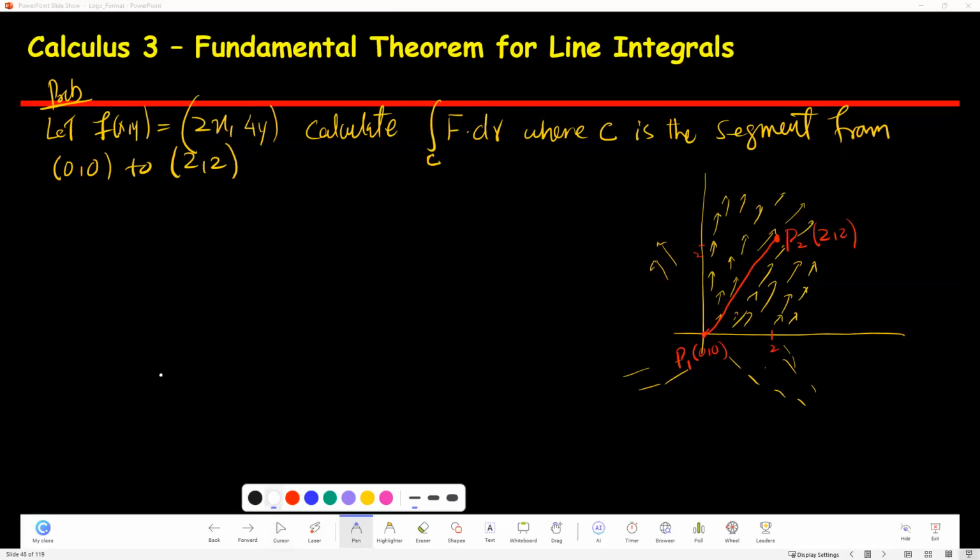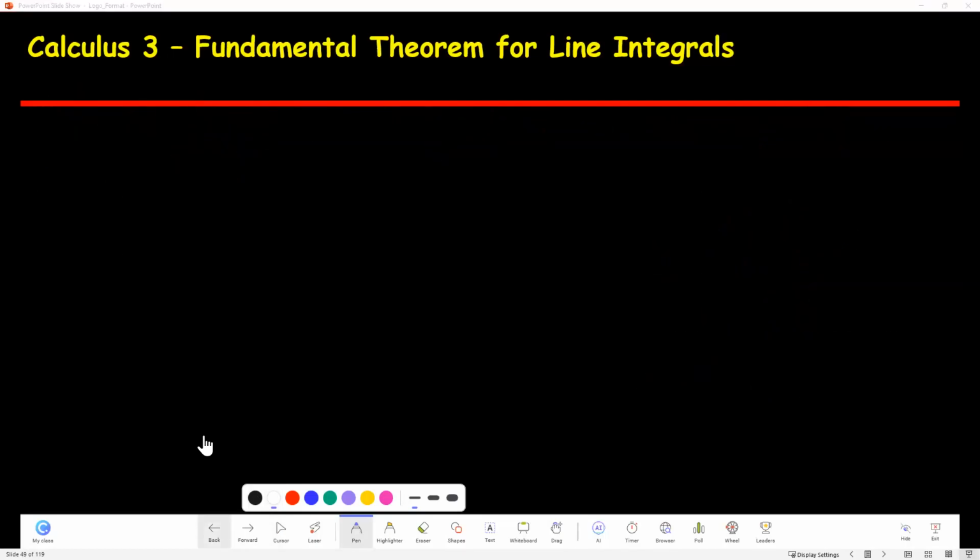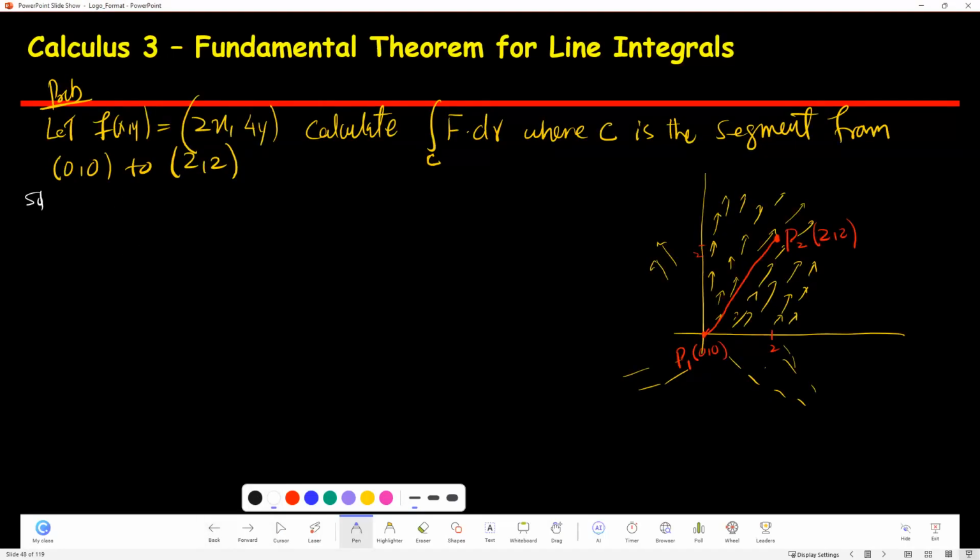Okay, so let's start. I'm going to do the traditional way first. This field is given, so this function is not a vector, it's basically a scalar.